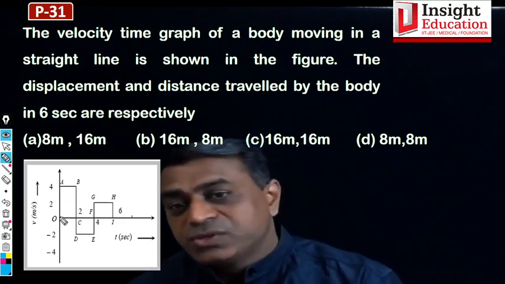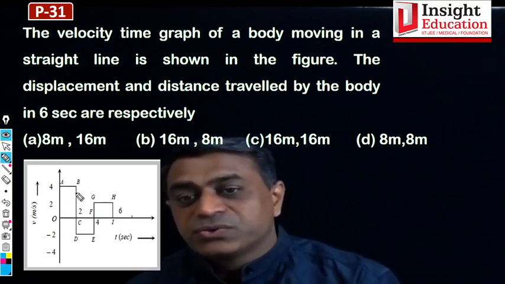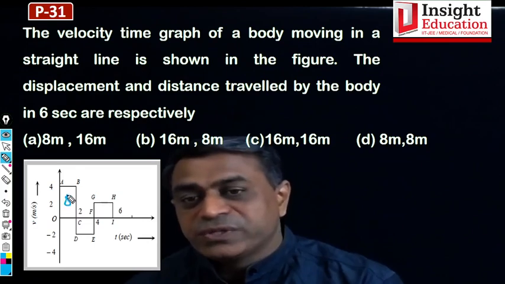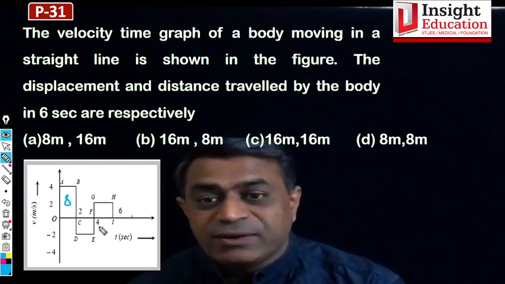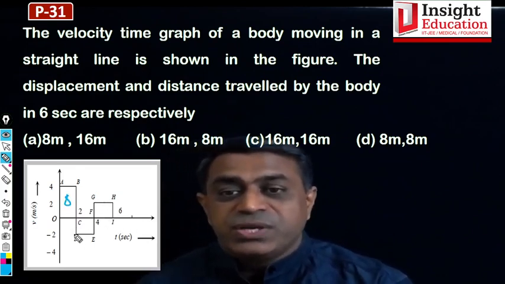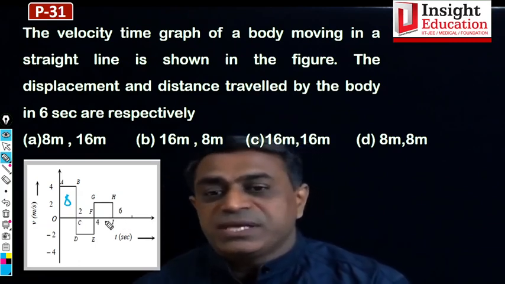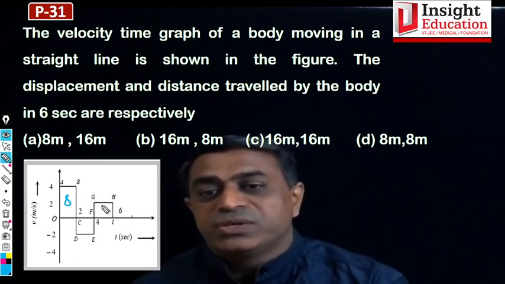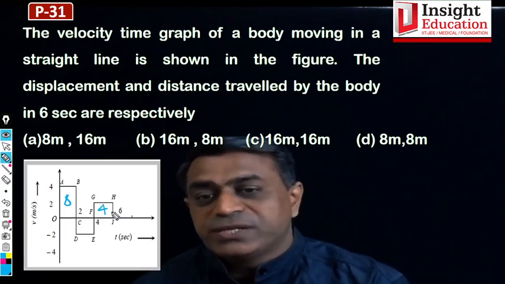Here 0 to 4 and 0 to 2, so 4 into 2 is 8. Here 0 to 2, 4 and 6, 6 minus 2 is 2, so 2 into 2 is 4. Here also 2 into 2, so that is 4.